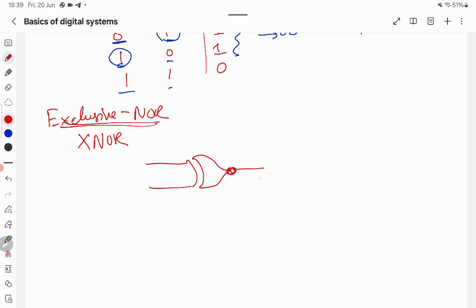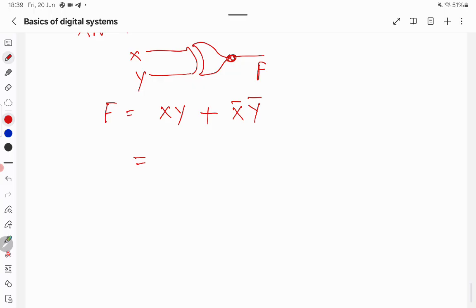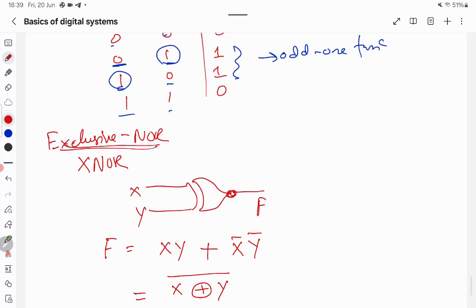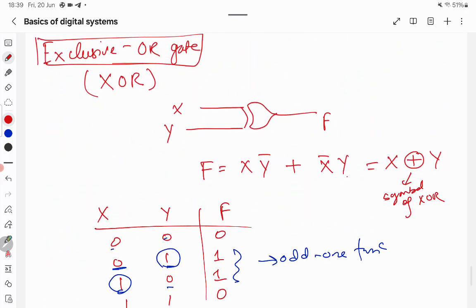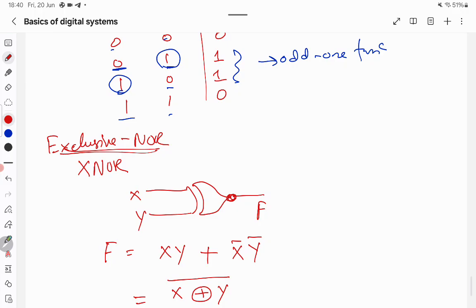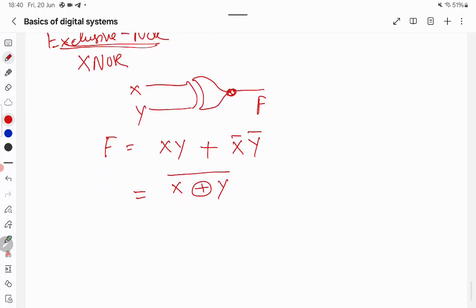So this is F, this is X, this is Y. How can you write F? F can be written as X Y plus X complement Y complement. So this can be written as X XOR Y whole complement. If you look at this structure, it is the same as the XOR gate, but there is a NOT symbol, so we write X XOR Y whole complement.